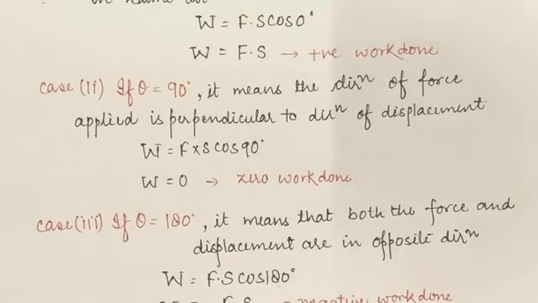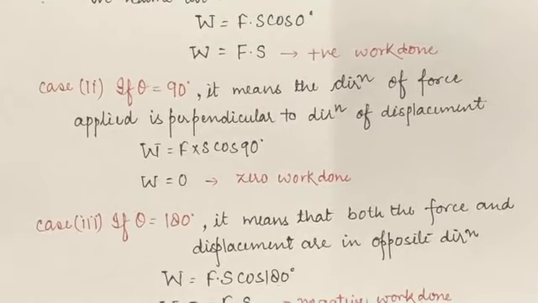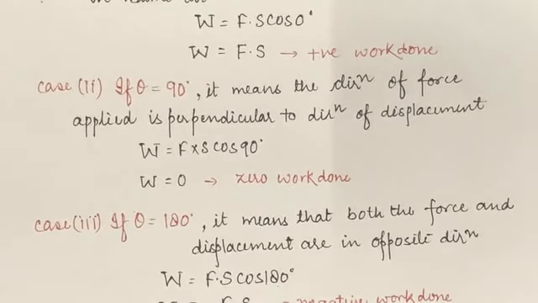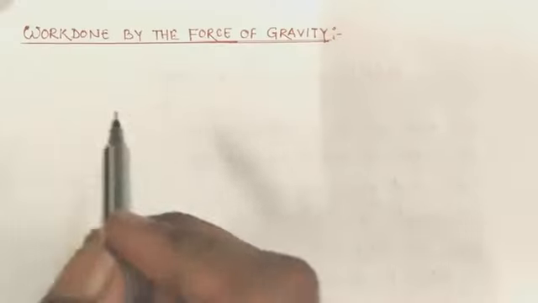Okay children, already we have learned a lot of things about the work done. Now we are turning towards the work done by the force of gravity. What will be the amount of work done when there will be a force of gravity may act onto the body?